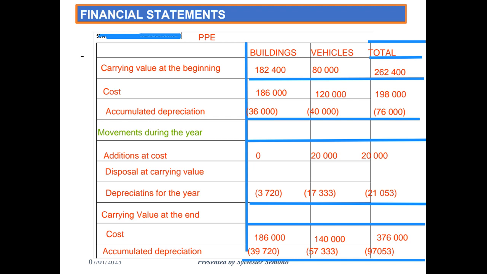For vehicles, 140 minus 57,333, it's going to be 82,667.